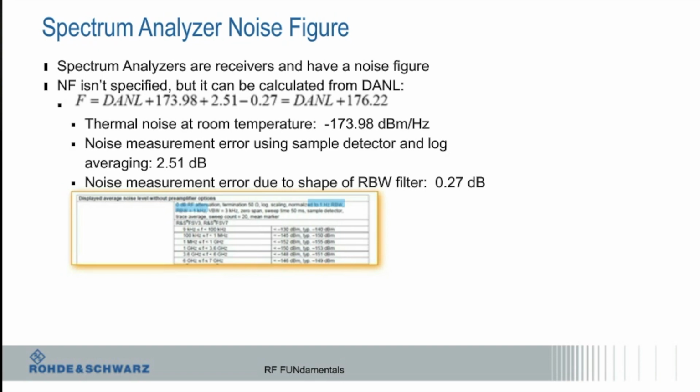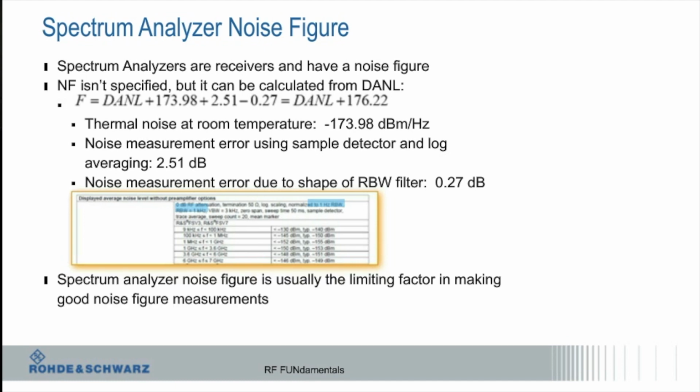And then there's a filter error, so that's how it came to these numbers. It's not normally something you would have to do, so I'm not going to go into it in a lot of detail. Often the spec is the limiting factor in making these measurements, the noise figure of it itself. When they talk about a preamp, it's basically an amplifier inside the spectrum analyzer.